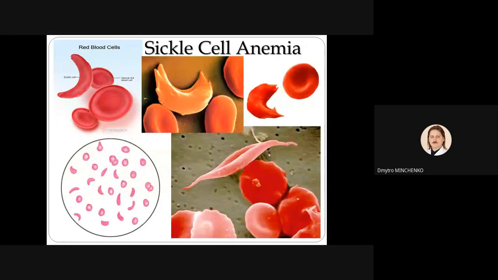Sickle cell anemia, this is a very specific type of poikilocytosis that appears with the changes of the cell structure.